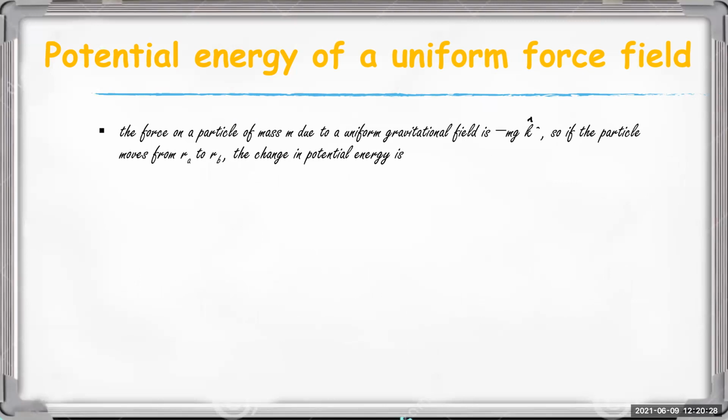So if the particle moves from Ra to Rb, the change in potential energy is, here the case is a uniform gravitational field. Then the force F is equal to minus mg k cap.